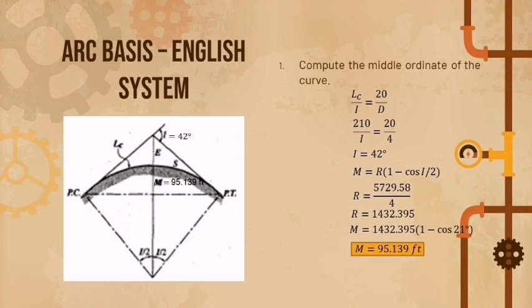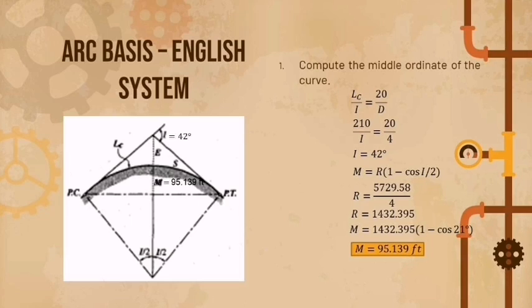After answering the question by the arc basis metric system, now we are using the arc basis English system. Let's start. Number 1, compute the middle ordinate of the curve. Again, same process. The length of curve over the angle of intersection equals 20 over degree. After we substitute, we get the angle of intersection, which is 42 degrees.